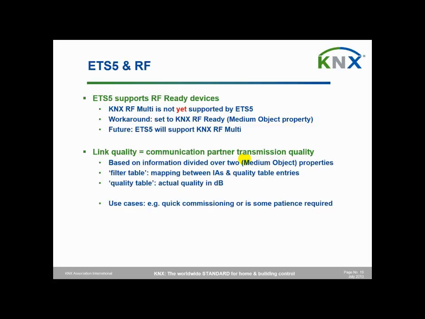There's a way to do that with ETS, a way to change that. Then the multi-device is in RF ready mode, so to say, and will be reachable by ETS5.